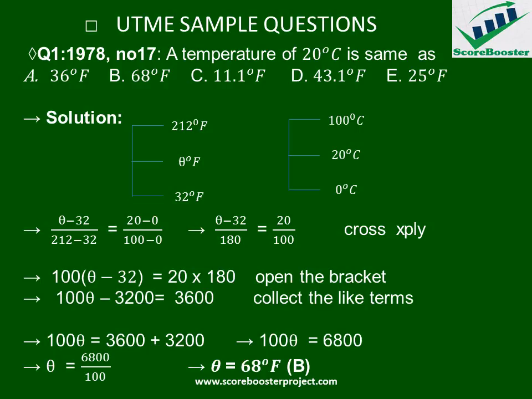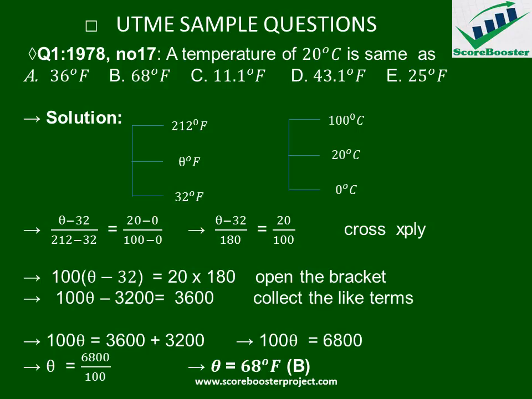Then we cross multiply to get 100 times theta minus 32 equals 20 times 180. Opening the brackets, 100 times theta gives 100 theta, minus 100 times 32 gives 3200, equals 20 times 180, which is 3600.